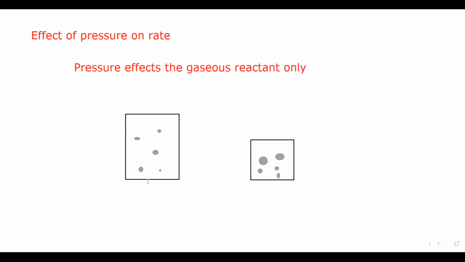Which container has a high pressure, A or B? The first one is A, the second one is B. So B, the pressure is high, and A, the pressure is low. So which will react faster, at which the reaction will occur at a faster rate?